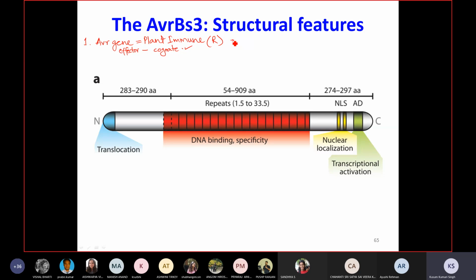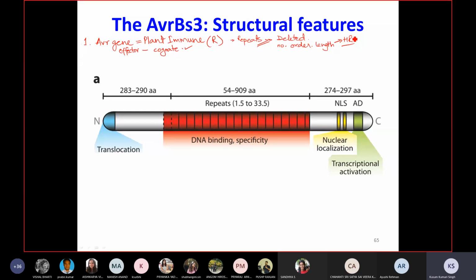The prominent feature detected from sequencing was that they always found special repeat sequences. They then deleted or mutated certain portions of these repeats, and from this kind of study they concluded that the number of repeats, the order of repeats, and the length of repeats are all important in creating the hypersensitive response.